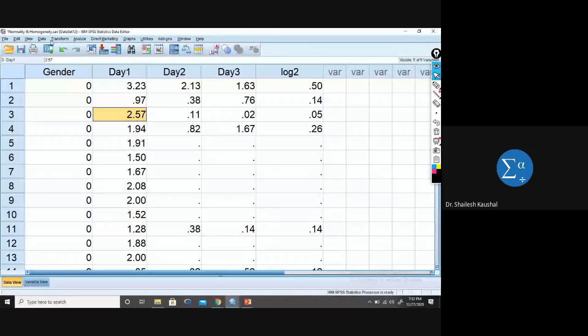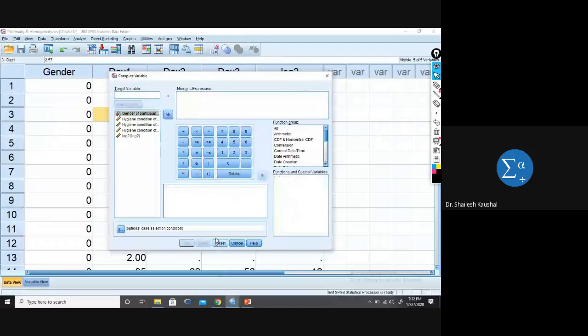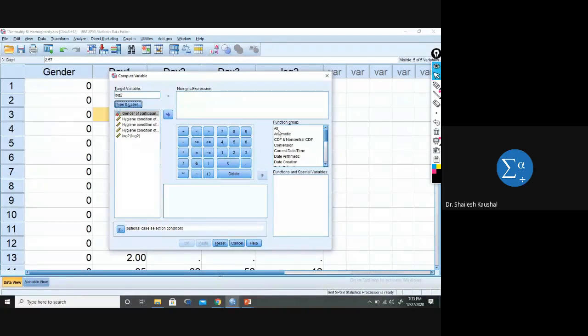Look, transform and compute variable. Okay, compute variable. So I am writing here log 2. Log 2 means day 2, I am converting day 2 data. So I copy and paste here, and then continue. Now I will search log.